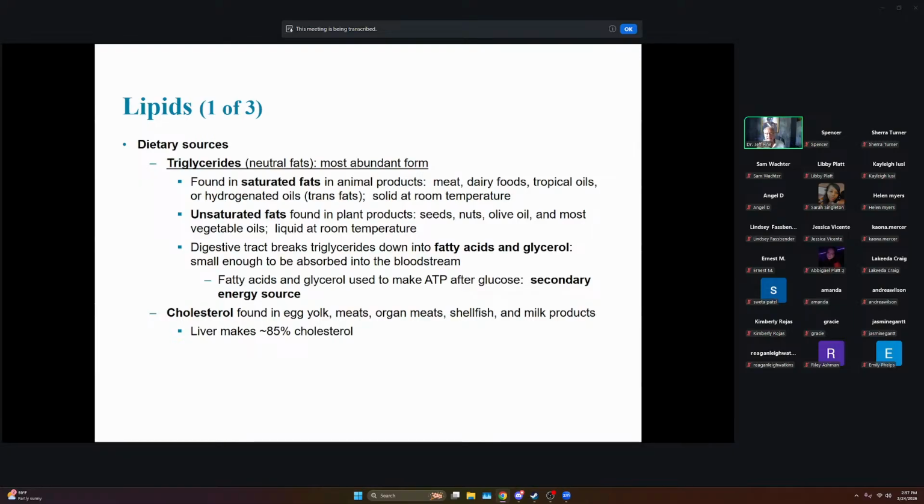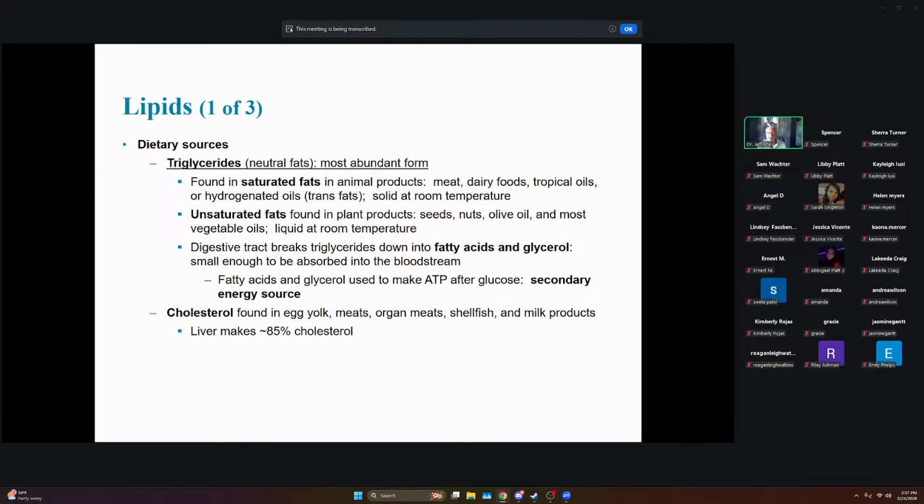The big rap on saturated fats is that they are very high in cholesterol, and excess cholesterol in our body contributes to cardiovascular disease risk. Okay. Too high cholesterol in our blood contributes to the buildup of plaque, the buildup of blockages in our carotid arteries and in our coronary arteries, like we discussed in the cardiovascular unit, that lead to heart attacks and strokes.